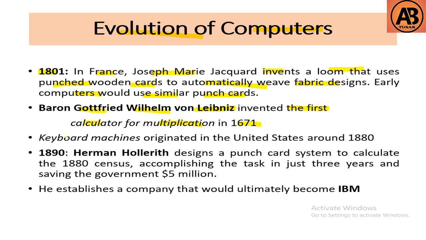Then keyboard machines originated in the United States around 1880. In 1890, Herman Hollerith designs a punch card system to calculate the 1880 census, accomplishing the task in just 3 years and saving the government $5 million. He establishes a company that would ultimately become IBM.